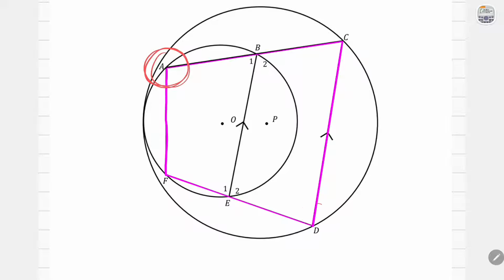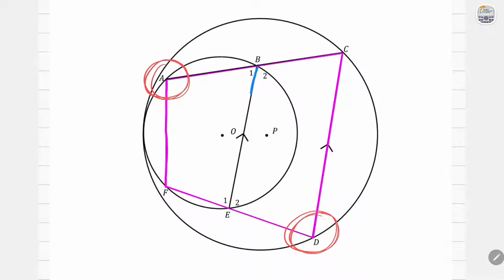So my first guess, let me just try these two first. Let's go with angles that are between these parallel lines. If we are focusing on the opposite angles in the cyclic quad adding up to 180 degrees, just because of the way the shape looks, then we can focus on angle A plus angle D adding up to 180 degrees.